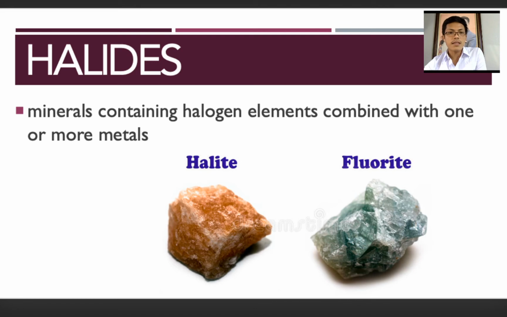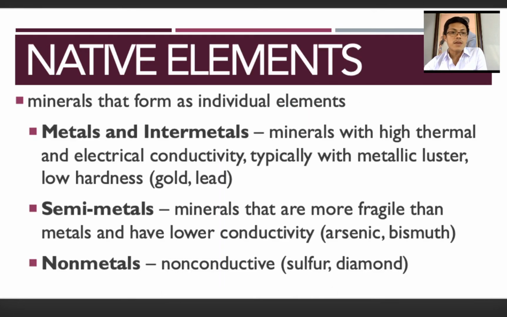We have halite and fluorite. The halogens are that group in your periodic table. If minerals contain these halogen elements, they form halides.